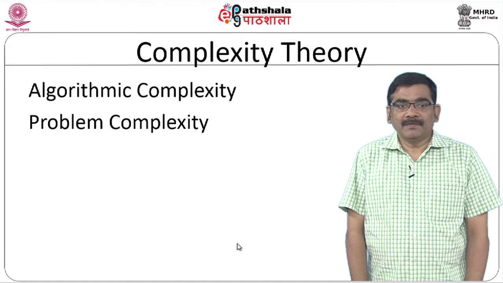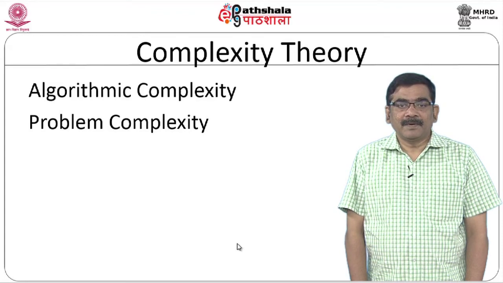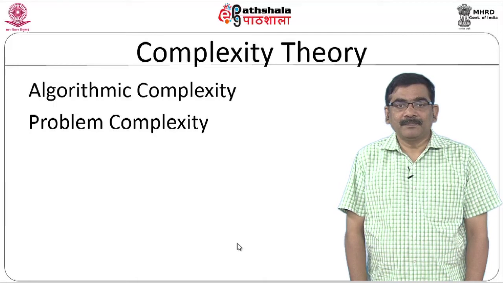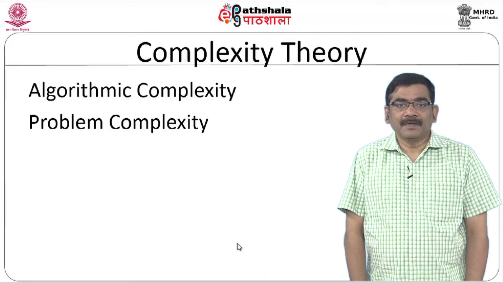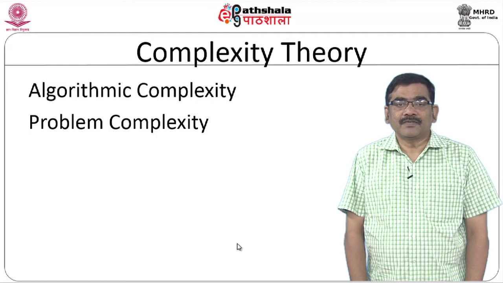For our convenience, we divide complexity into two categories. One is called algorithmic complexity, where our primary aim is to find the complexity of the given algorithm. In the earlier module, we discussed finding the input size and expressing T of n in terms of the input size.